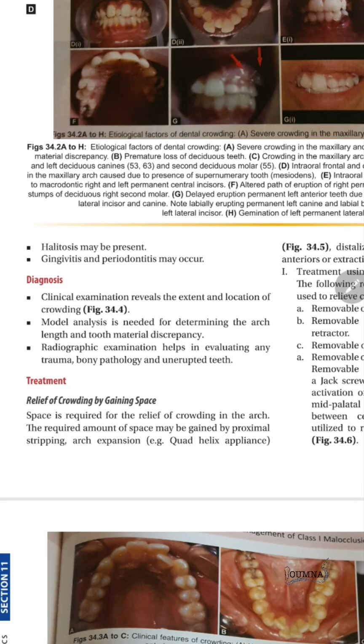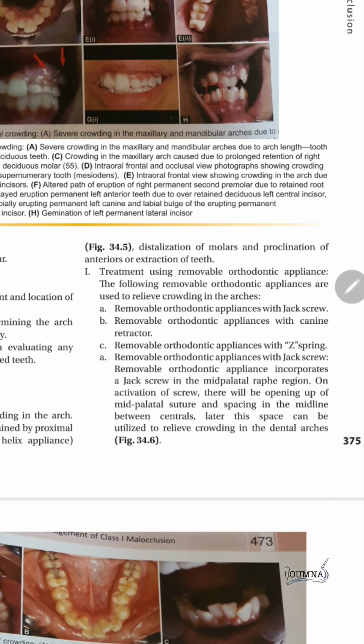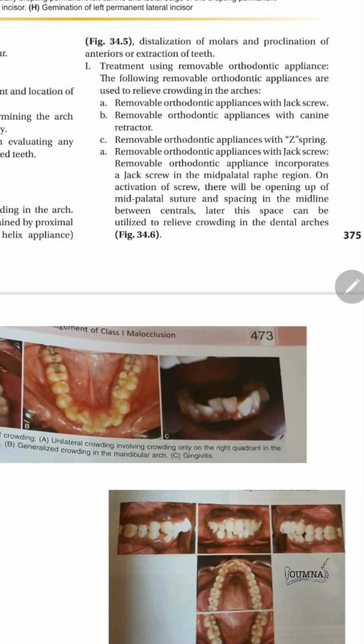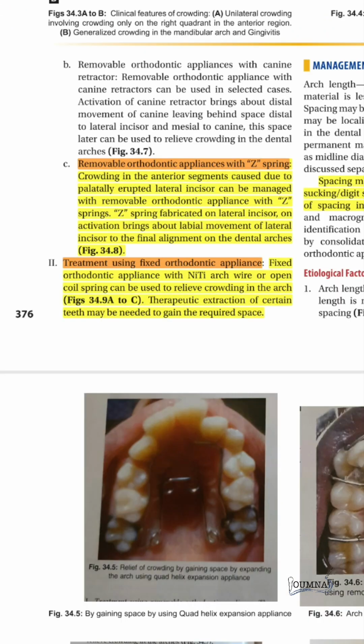Now for the treatment, it can be done by arch expansion or proximal stripping or using removable appliances like the jack screw and the Z-spring. We can also do distalization of the molars. In some cases we can extract the teeth.